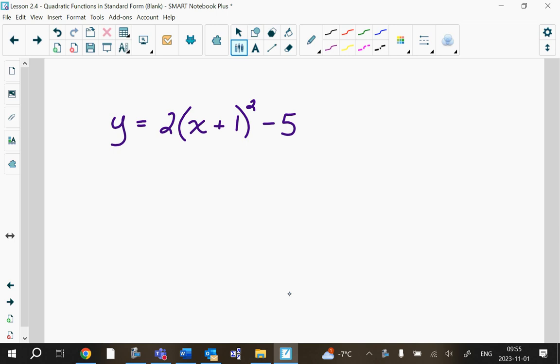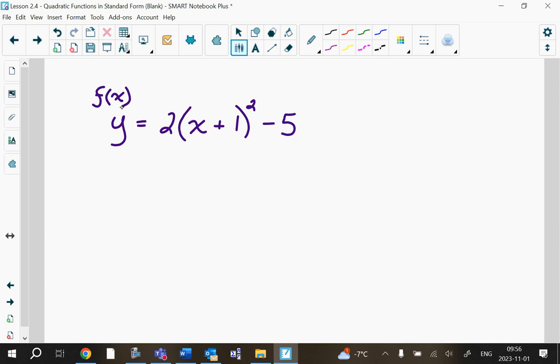You should be at the point where if I give you this, or you could see it like instead of y, I put f of x for function, you should be able to graph it. From the graph, you can then state a whole bunch of properties. But you don't necessarily need a graph to state the properties.